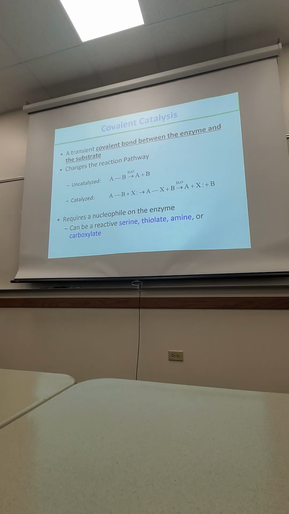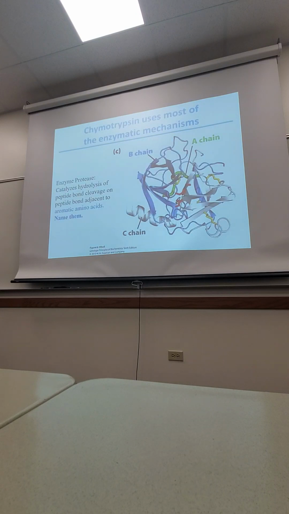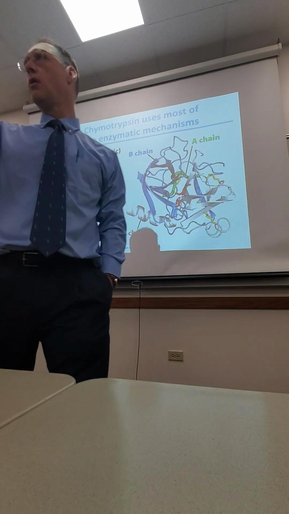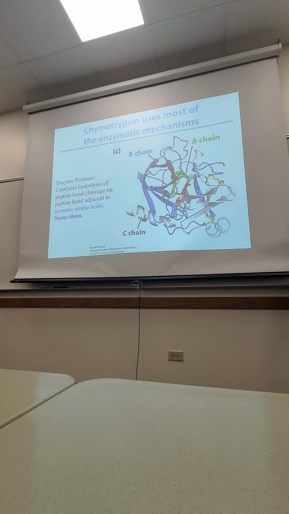Okay, we already talked about covalent catalysis, metal ion catalysis bound to the enzyme, interaction with the substrate, participation in oxidation reaction. Okay, so chymotrypsin is the one that you will be memorizing a gory mechanism for, for points on the test and the write-on.